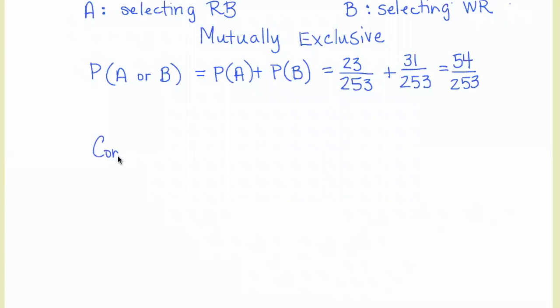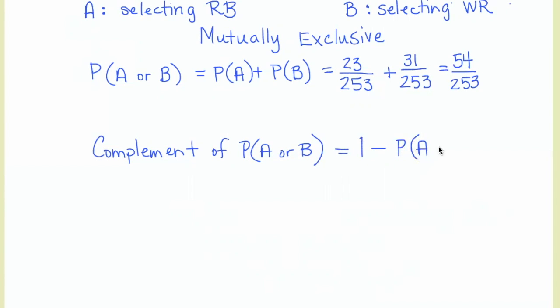So to find the complement of A or B, I'm always going to do 1 minus the probability that I found for A or B. So 1 minus 54 out of 253. You can use a calculator, but here's just a little quick recap.